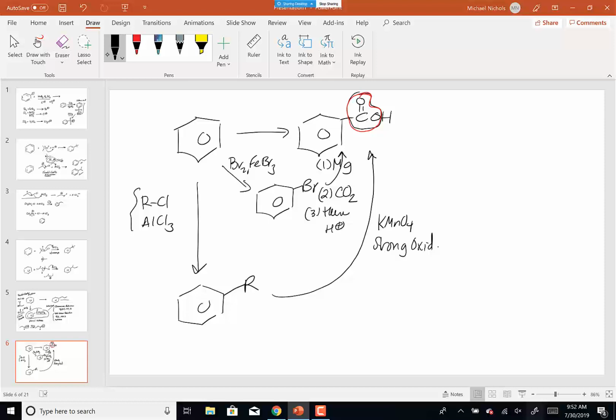Then take the bromobenzene, turn it into a Grignard, react it with CO2, and then I get the carboxylic acid. And there are more creative ways I guess we could use, but those two will be sufficient. Okay.